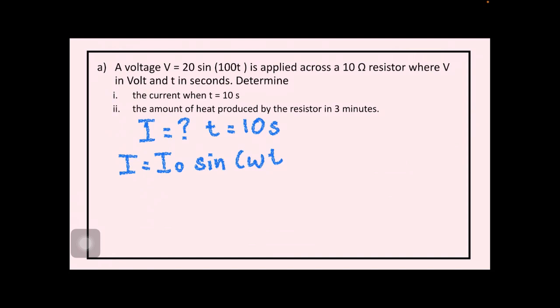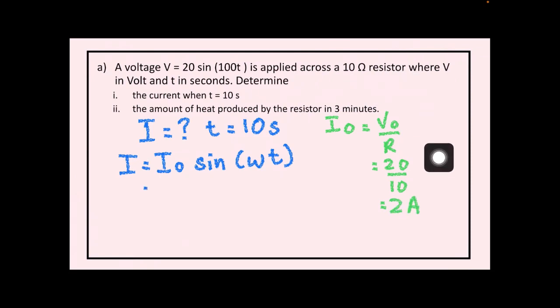We are going to apply this equation, so we need to find I naught first. From Ohm's law, I naught is equals to V naught over R, and our V naught here is equals to 20, and R equals to 10 ohm. So we get our I naught equals to 2 ampere.